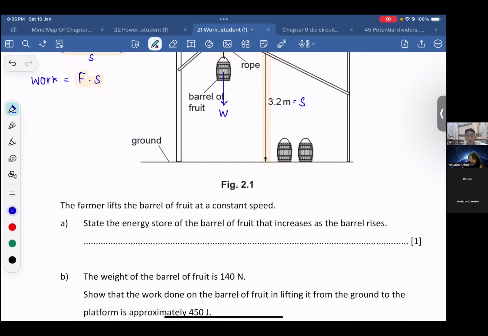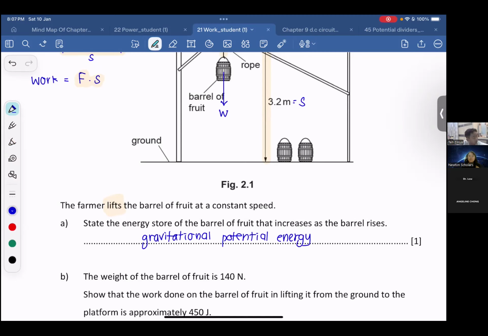Here, state the energy stored by the fruit as the height increases. When we move it up, the energy stored inside the fruit will also increase. The keyword here is lift. So here it will have gravitational potential energy. We lift, which means we are giving it a certain height.